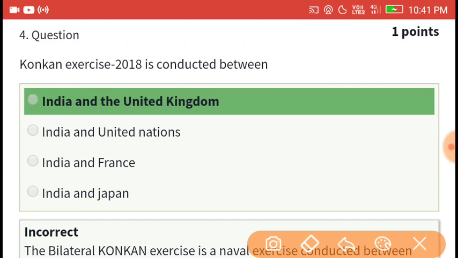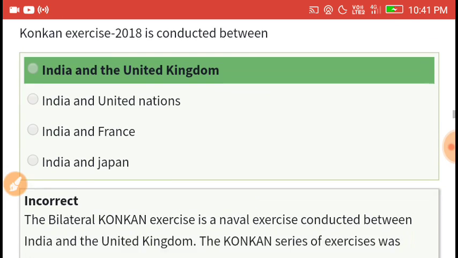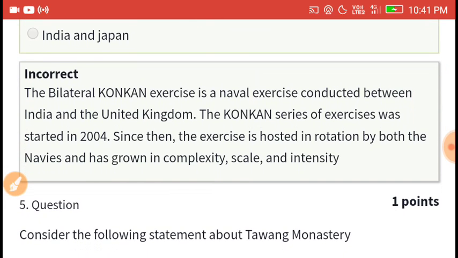So next question. Konkan exercise 2018 was conducted between India and the United Kingdom. Please remember, India and UK.